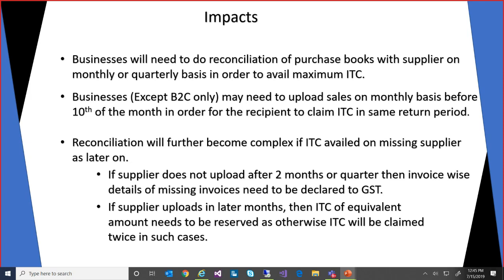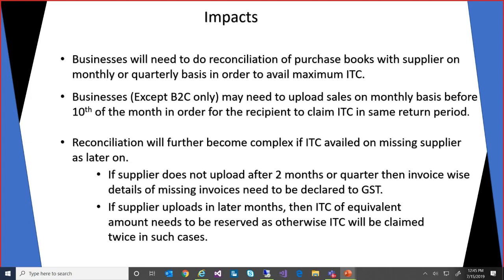The reconciliation process will become a little bit more complex because the government is providing a lot of options to file the amendment of return and missing invoices. So if the supplier does not upload after 2 months or a quarter, then invoice-wise missing detail has to be disclosed in the return. The government is saying if your supplier doesn't upload their 2 months detail, then all the missing invoice details have to be declared in the final return separately.